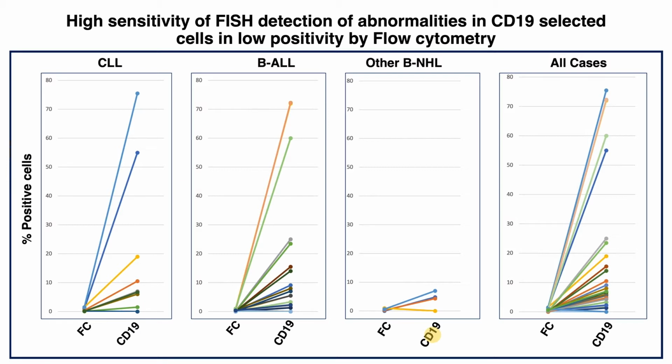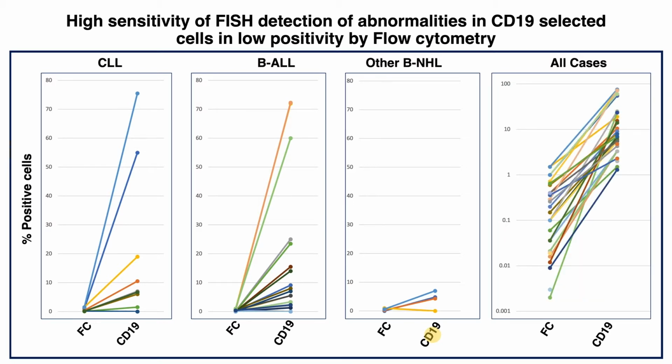So here it clearly shows all the cases with low frequency of flow positivity show high frequency of FISH identification on the CD19 cases. So this comprehensively establishes that CD19 selection has an advantage in detecting the low frequency abnormalities by flow in a significant manner.